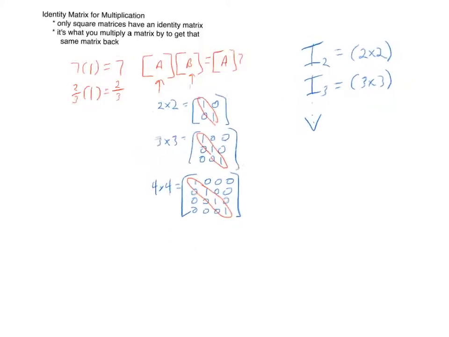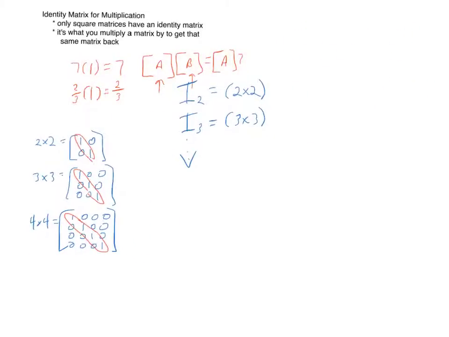Let's do a little example on this now. Say I gave you 2, 3, 4, 5, and I am going to multiply it by its identity matrix, 1, 0, 0, 1. Well, how do we multiply?